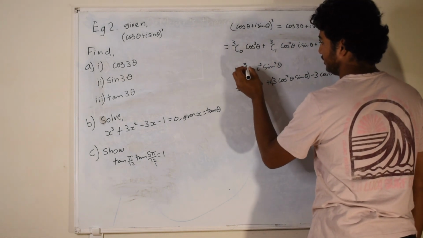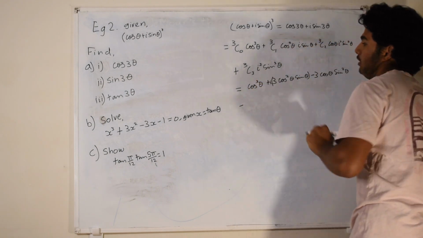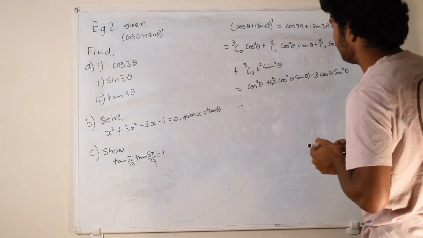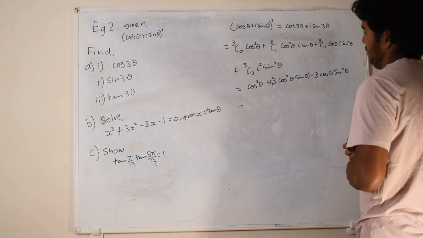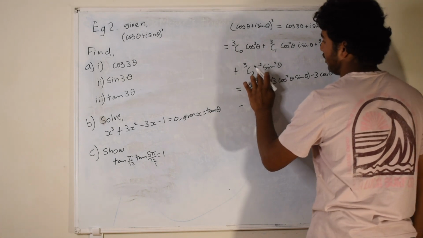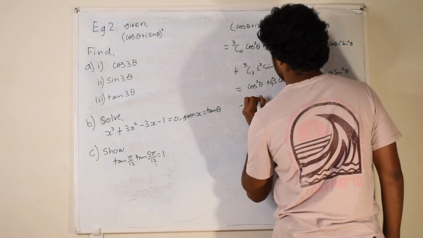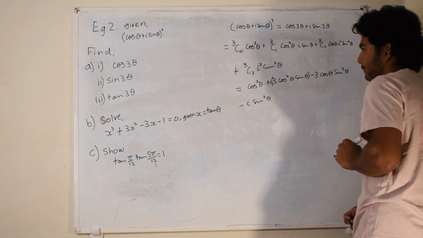And 3C3 is 1, and i cubed is i squared, which is negative 1, multiplied by i, so negative i, so minus i sin cubed theta.